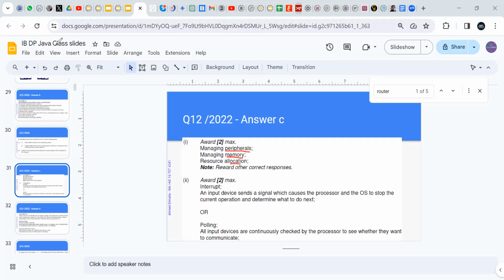The interrupt is handled by the operating system. Okay, perfect. And what will happen to the processor? Well, what it does is it puts one task on priority and stops all the other ones for the moment.